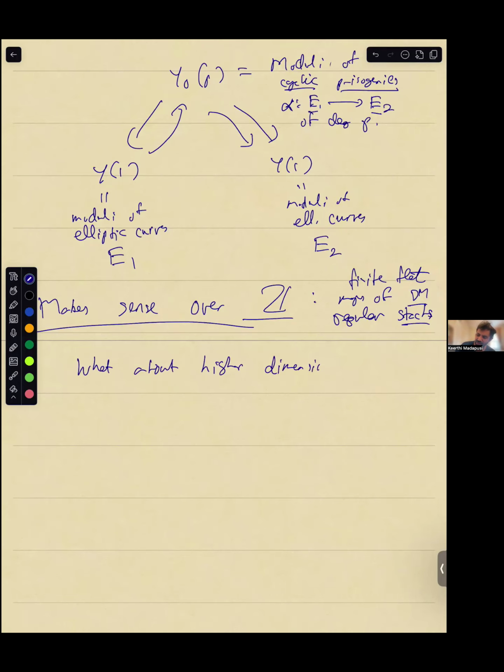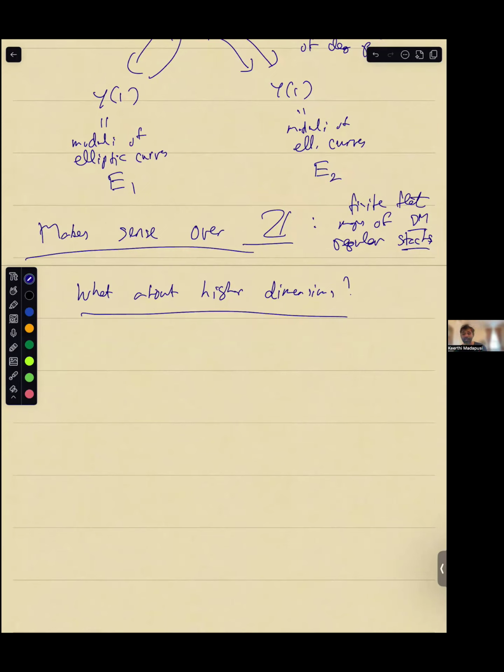One natural way to interpret this is if you replace the moduli of elliptic curves with the moduli of, let's say, polarized abelian varieties.